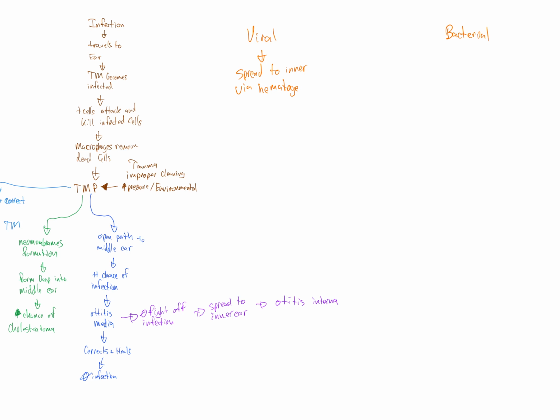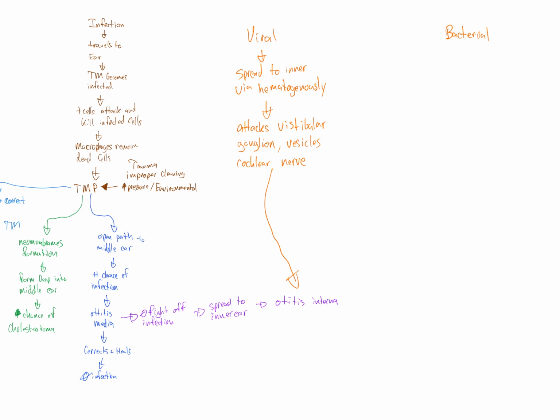I pronounced that wrong too, I'm pretty sure. When the virus does spread to the inner ear, it attacks the vestibular ganglion, the vesicles, and the cochlear nerve, which then results in otitis interna.